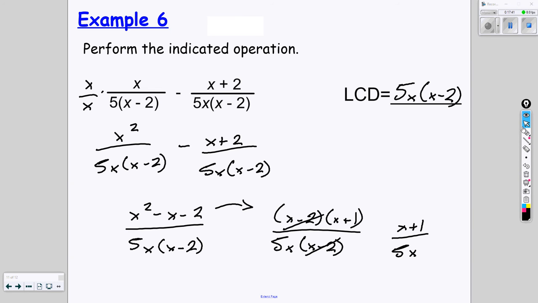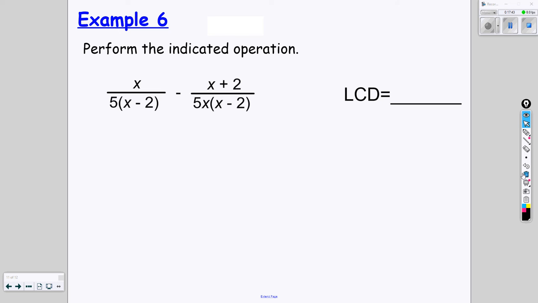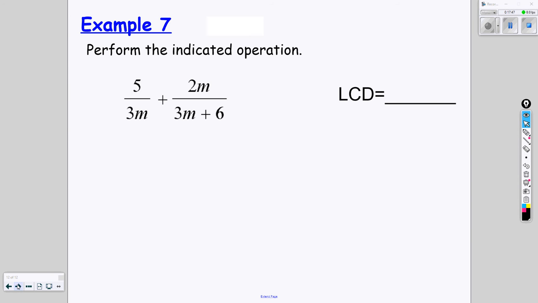All right, now we're moving on to our last example. This last example is probably the most challenging that we've seen. Now in this last example, it's always helpful to maybe look at the factors. So 3m plus 6 is factorable, and that factors to be 3 times the quantity m plus 2.